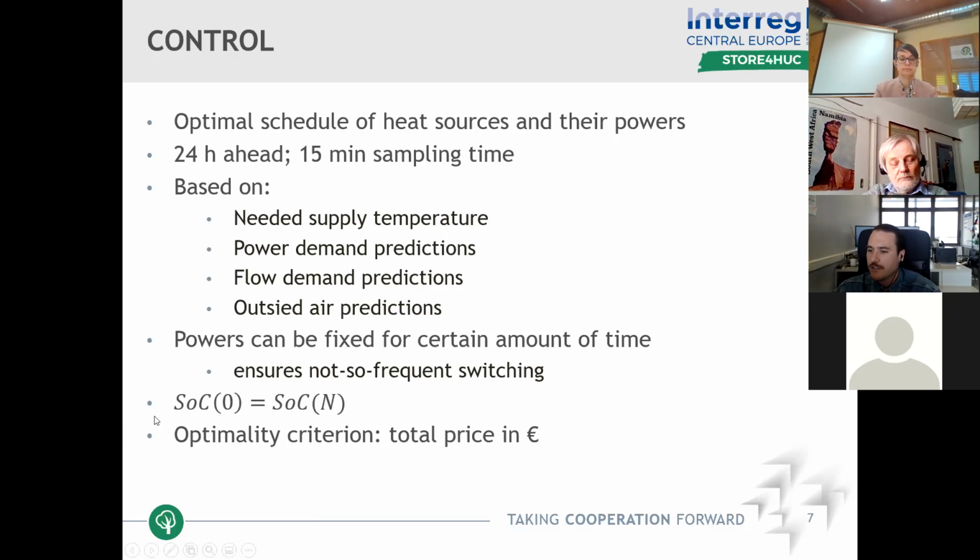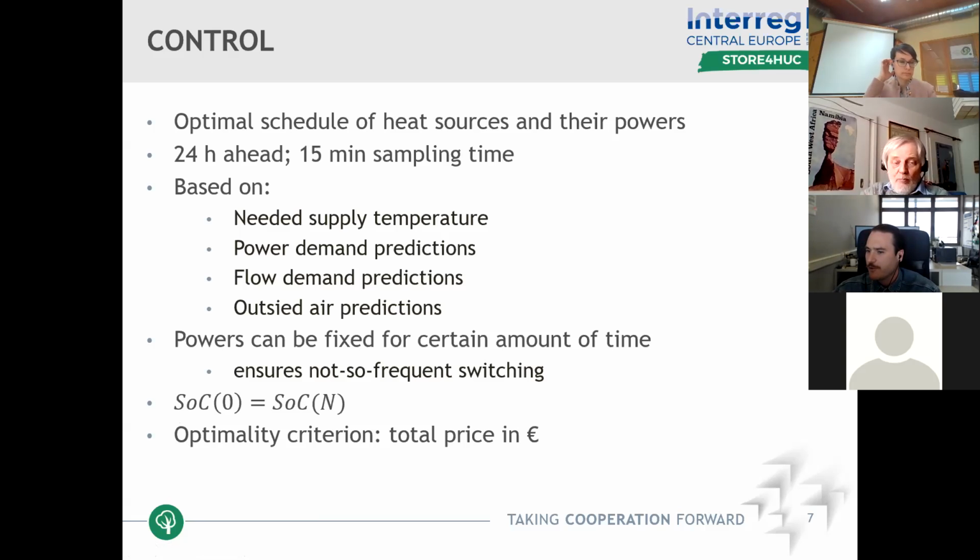So the prices we would get wouldn't be so relevant. So we make sure that we don't steal energy from other days.